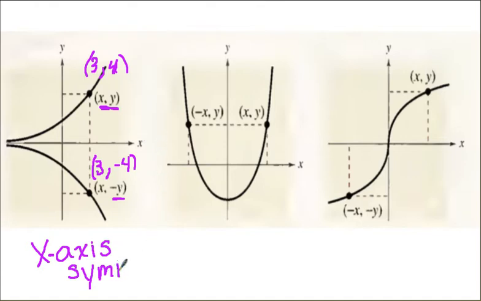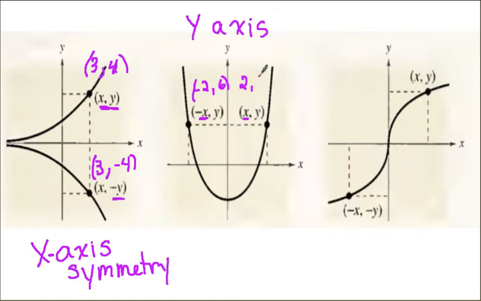And over here in the middle, similarly, we have y-axis symmetry. If you look here, we have a very similar setup, but in this case our x values are the ones that reverse signs. So if I have (negative 2, 6), on the opposite side I must have (2, 6).